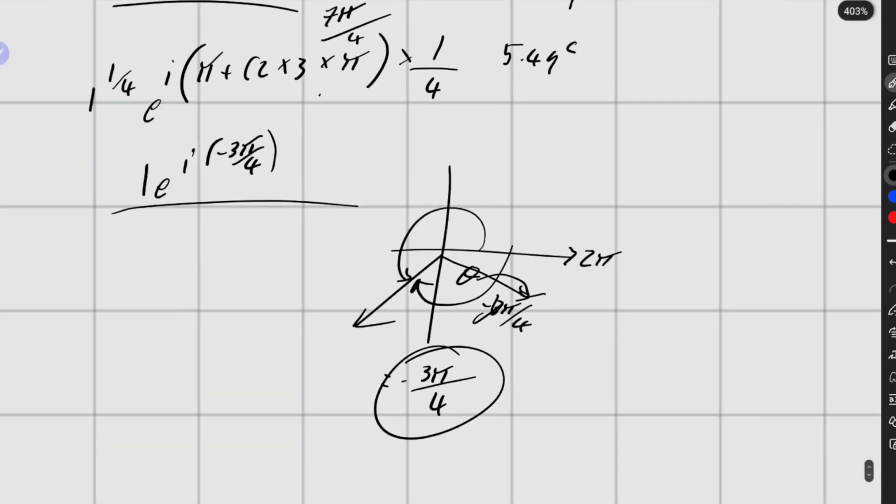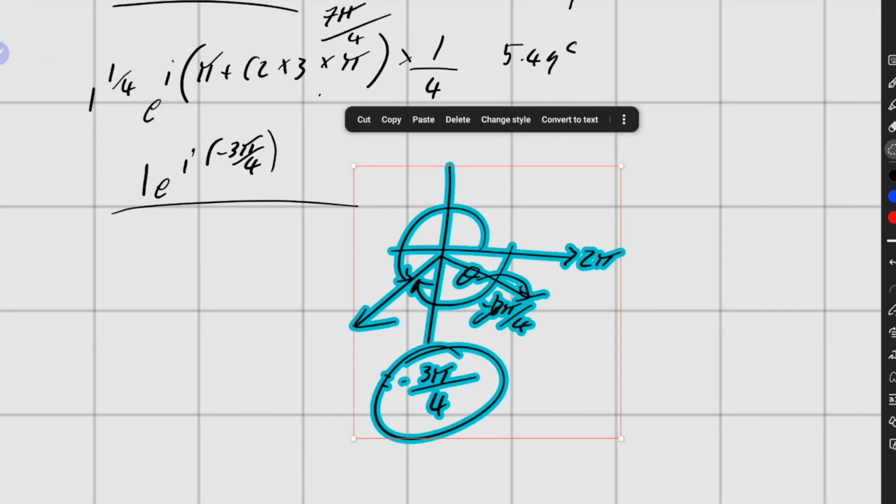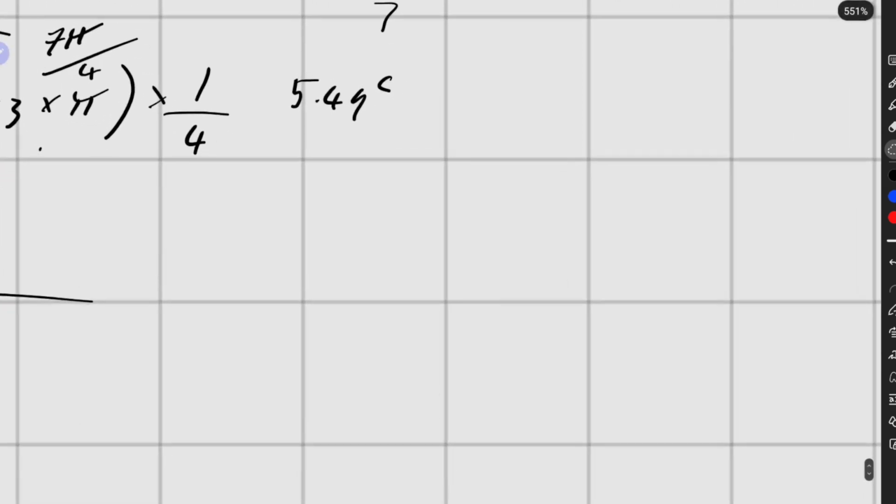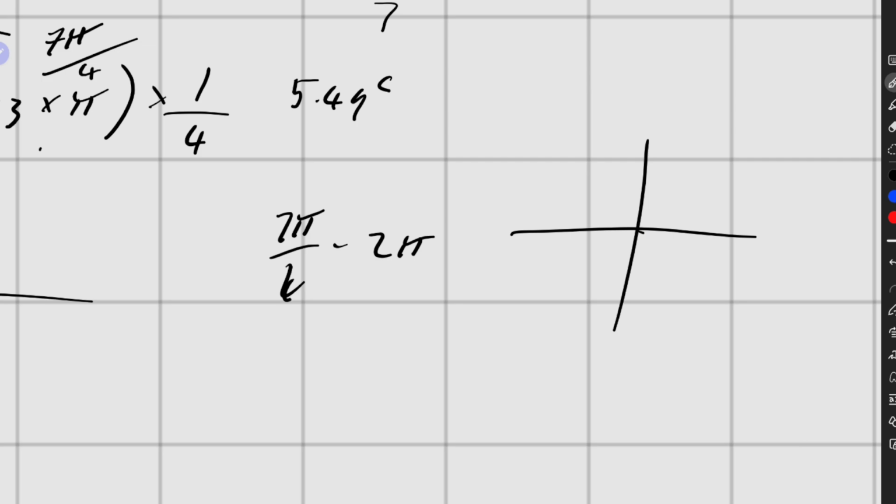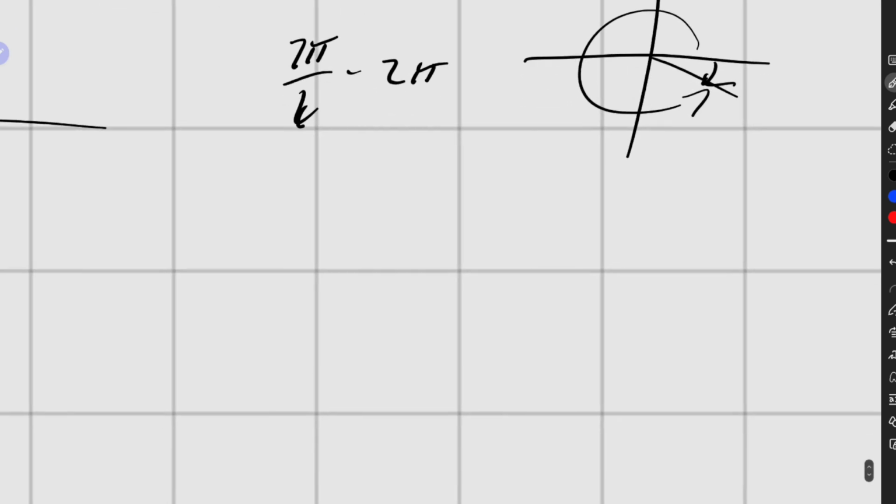So now, do exactly the same as you did last time. What you're going to do is 7 pi on 4 minus 2 pi. Essentially, you're subtracting everything else, which is going to leave you with this angle theta right there. And it's a negative value with your sign convention.